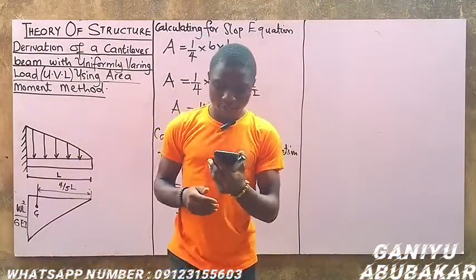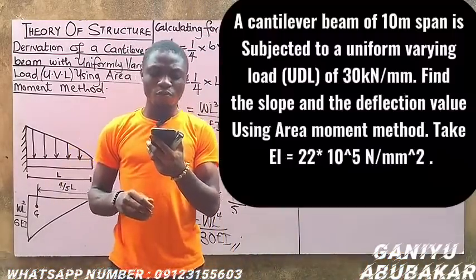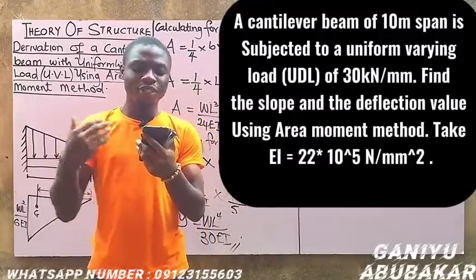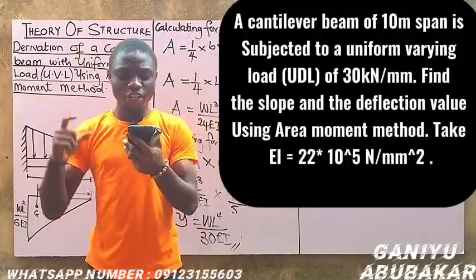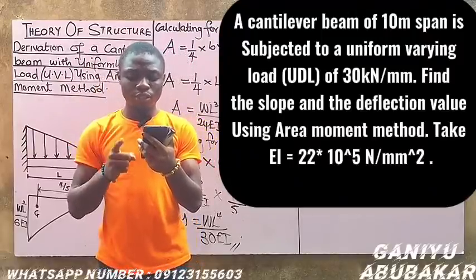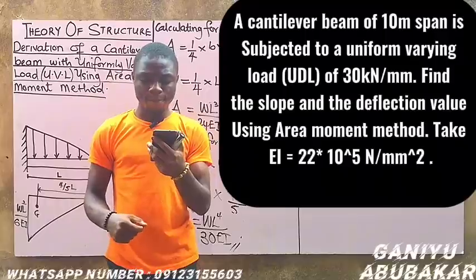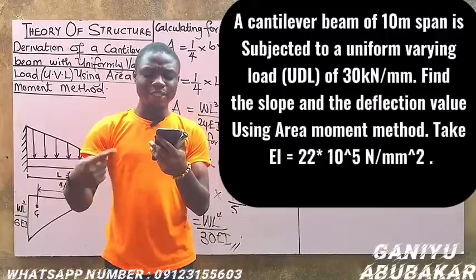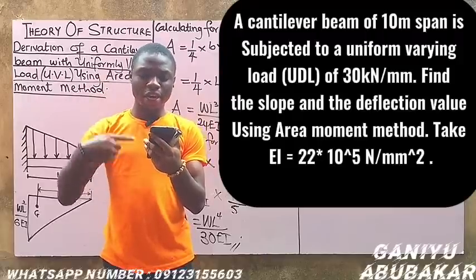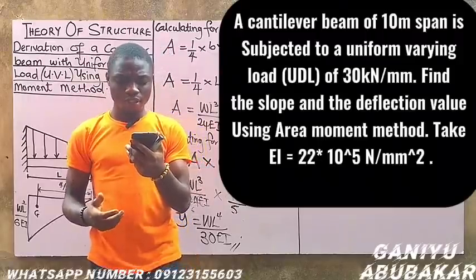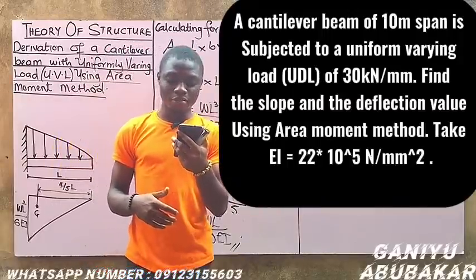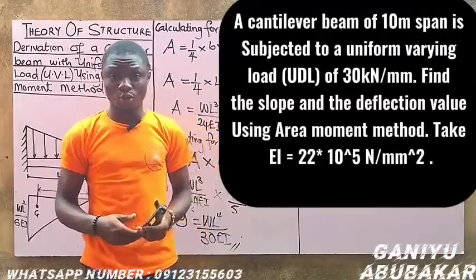Example 1 says a cantilever beam of 10 meter span is subjected to a uniformly distributed load, that is UDL, of 30 kilonewton per millimeter. Find the slope and deflection value using area moment method. Take EI to be equal to 22 times 10 power 5 Newton per millimeter squared.